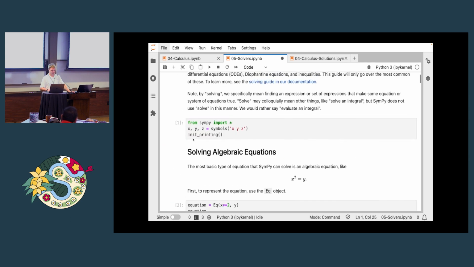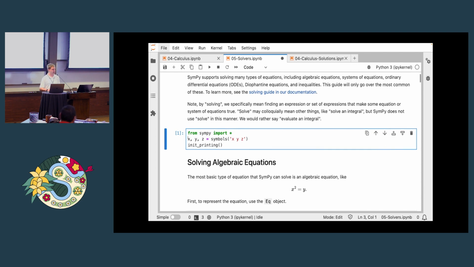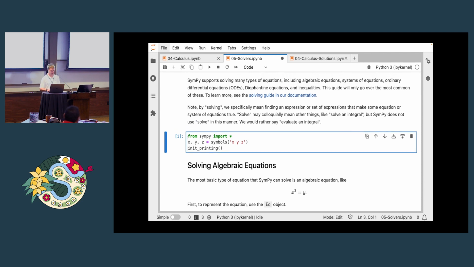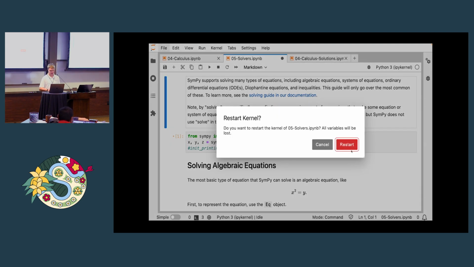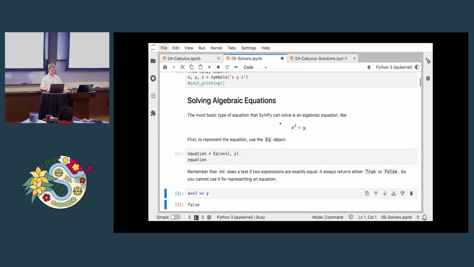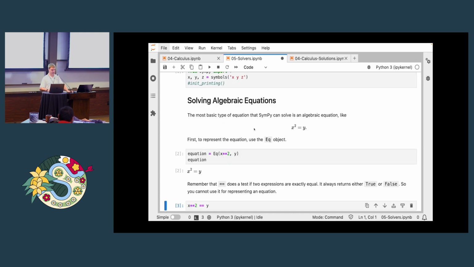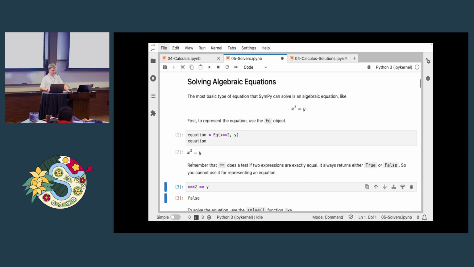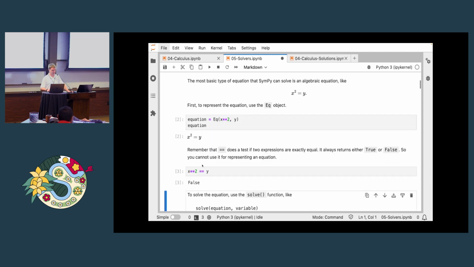Something I should probably note is that you may have noticed up here at the top, I call this function init_printing. If I don't call this function and I restart the kernel, by default any SymPy expression in the notebook will render in this nice LaTeX form.